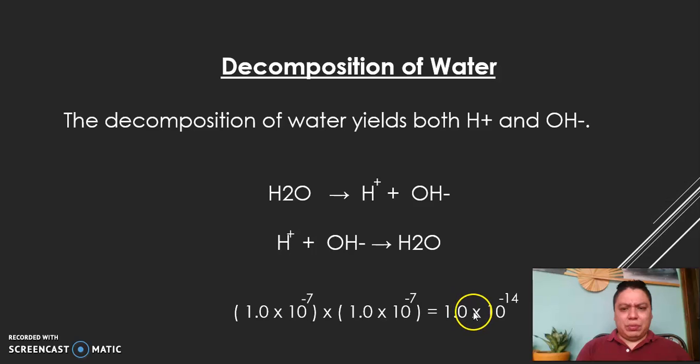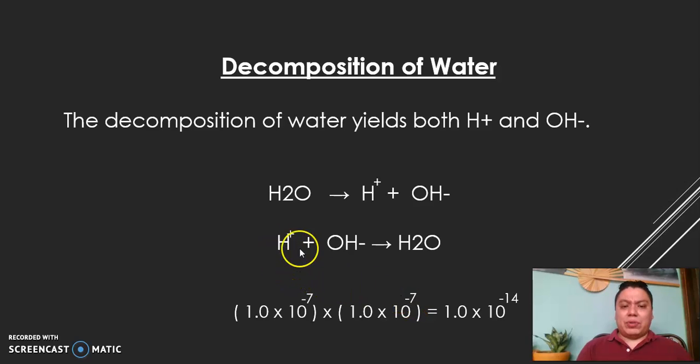If this is true, and this is for water, then the only way that it can get this value is if the hydroxide concentration of ions is 1 times 10 to the negative 7.